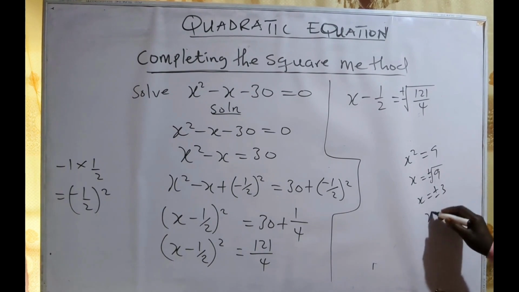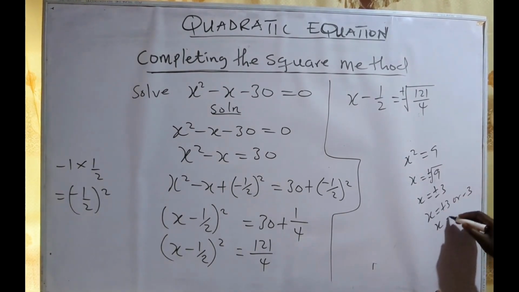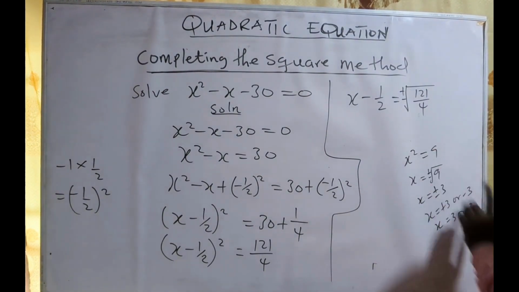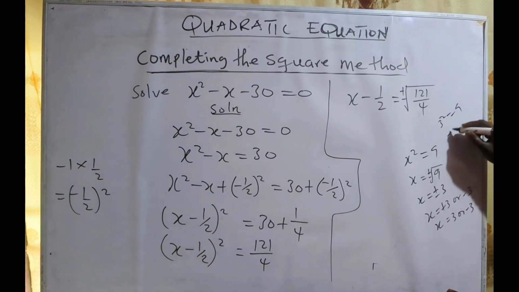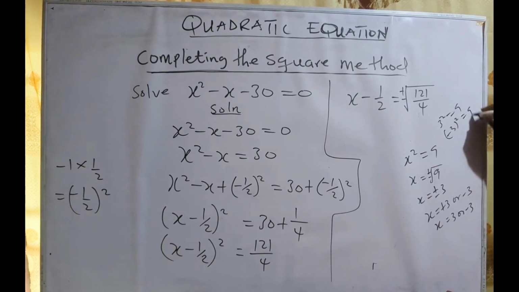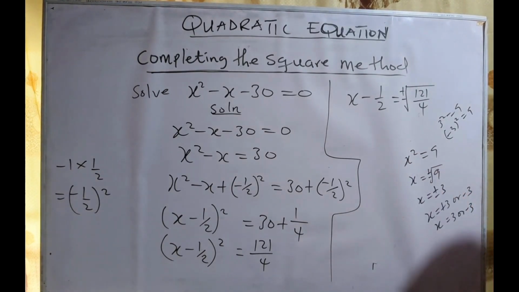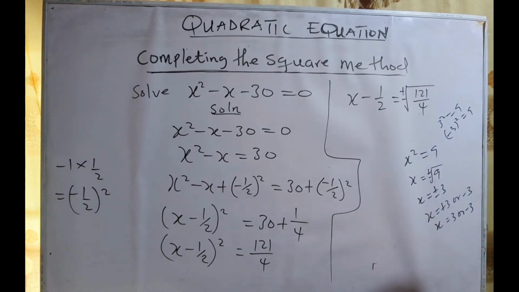So x will be plus 3 or minus 3, which is 3 or -3. When you substitute this into the main equation, you realize that it will work, because 3 squared will give me 9. -3 squared will also give me 9. So because of the square here, anytime you square negative or positive, you get the same answer. That is why we are taking the negative and the positive side of the results in the roots.